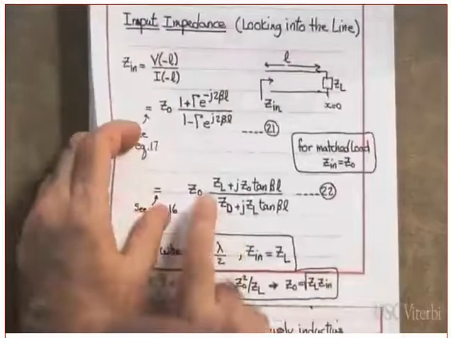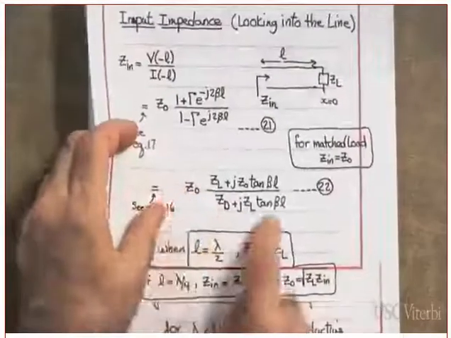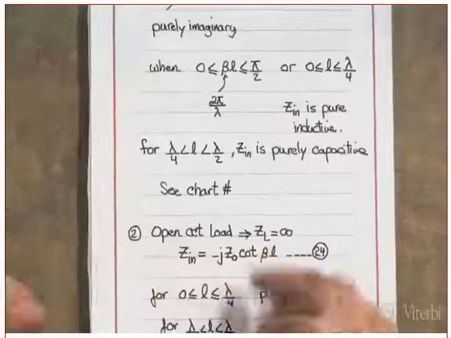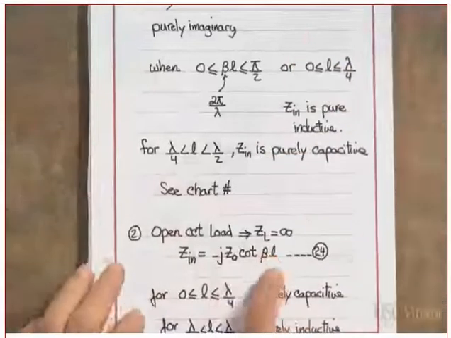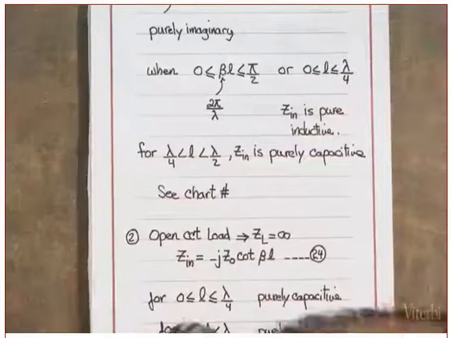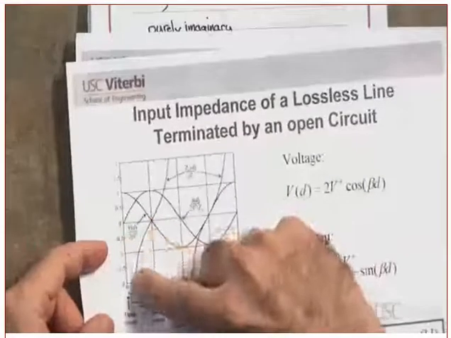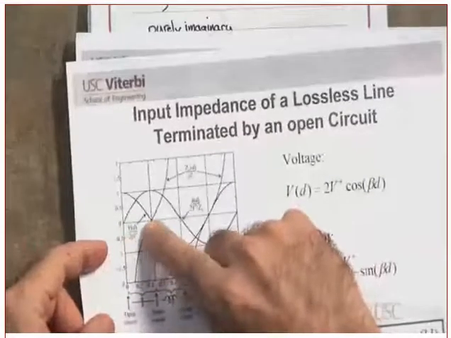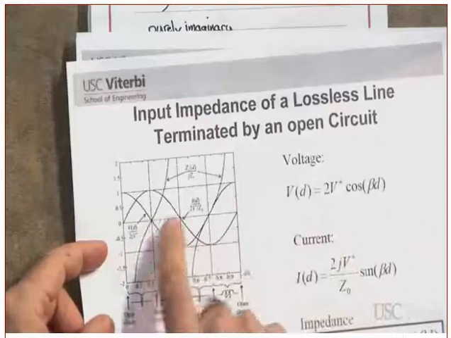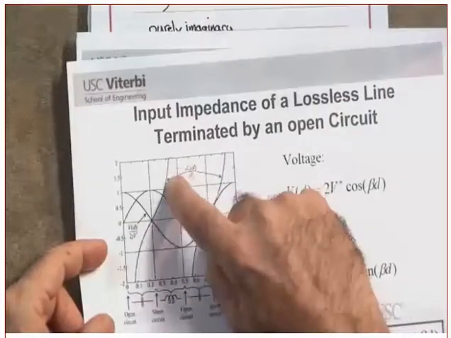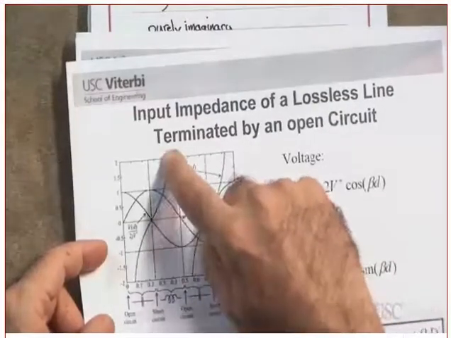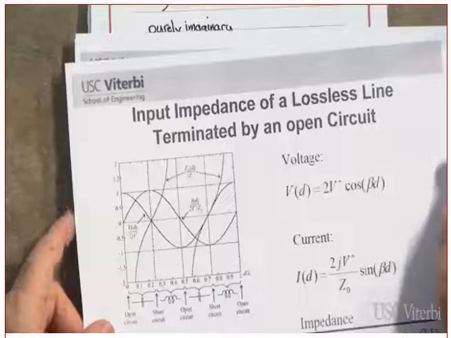Here. Z naught minus J Z naught cotangent beta L. And here is the other way around. In other words, if the length is between 0 and what? Pi over 4, it is behaving as what? Capacitive. If it is pi over 4 to pi over 2, it is behaving as a what? Inductive. Did you get my point or not?